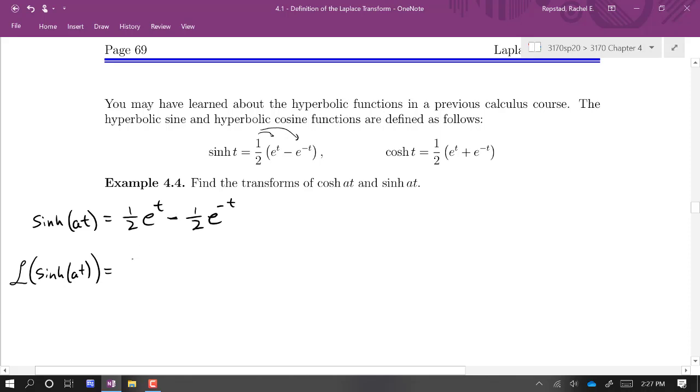I'm going to pull out the constant factors. So we get 1/2 times the Laplace of e to the at minus 1/2 times the Laplace of e to the negative at.